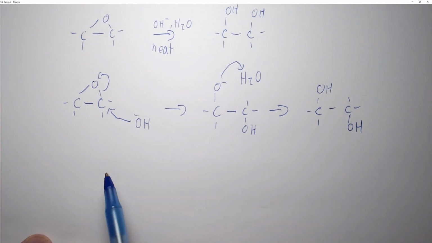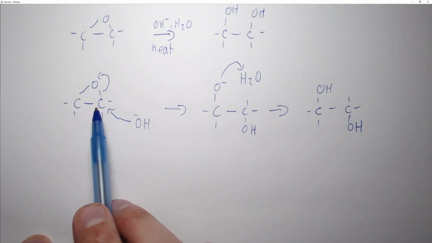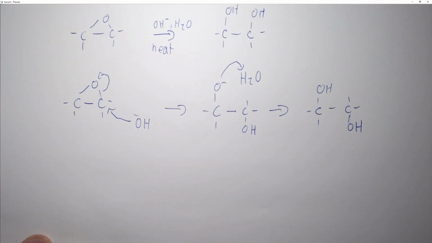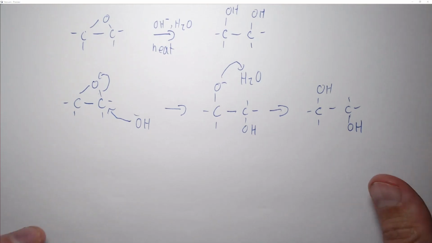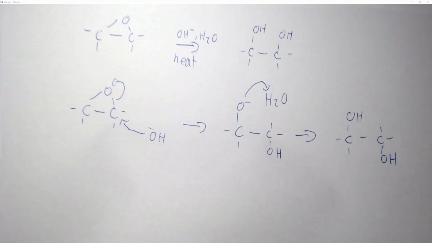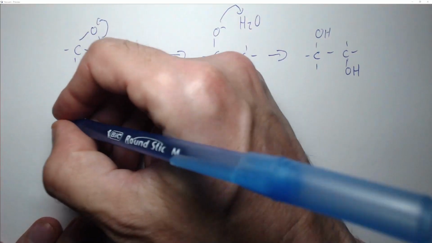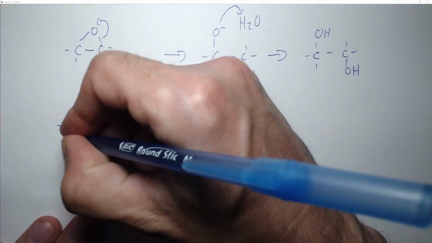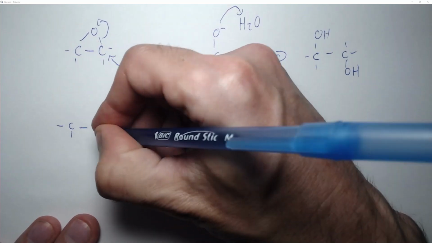What we've seen several times is that the carbon of an epoxide is susceptible to attack by a nucleophile. What are some other nucleophiles that might be useful in order to cause these reactions to occur? One of them is alcoholates. Let's take an example of this. An alcoholate is also a base.